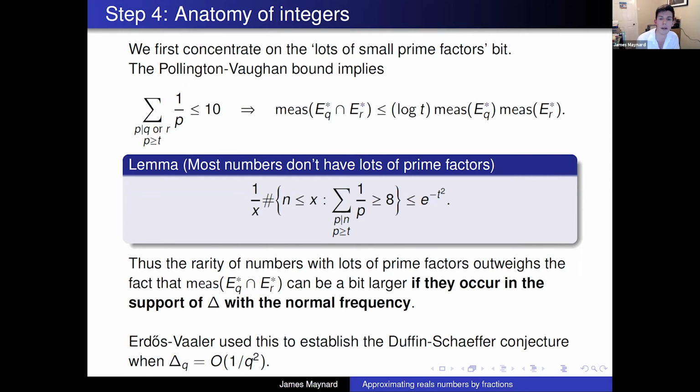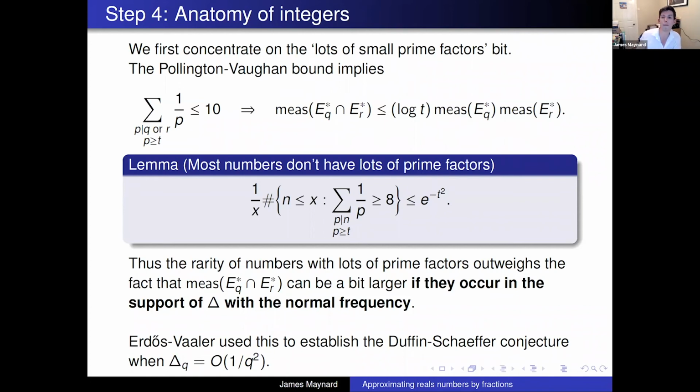And that shows that amongst all integers, it's exceptionally rare that you have this many small prime factors. And so in particular, the proportion of numbers which have lots of prime factors, quantified as this function of t, is at most e to the minus t squared.